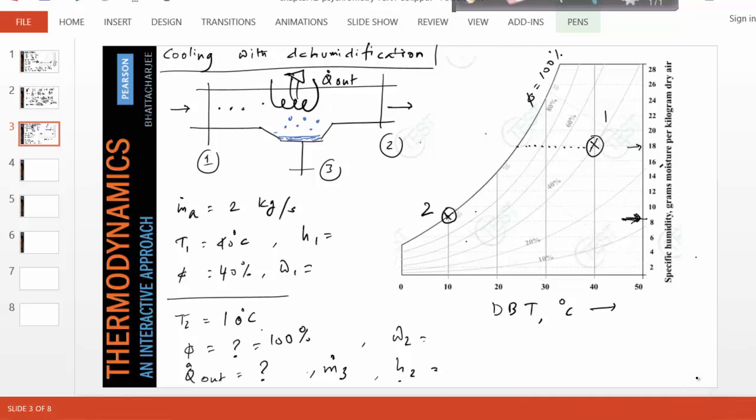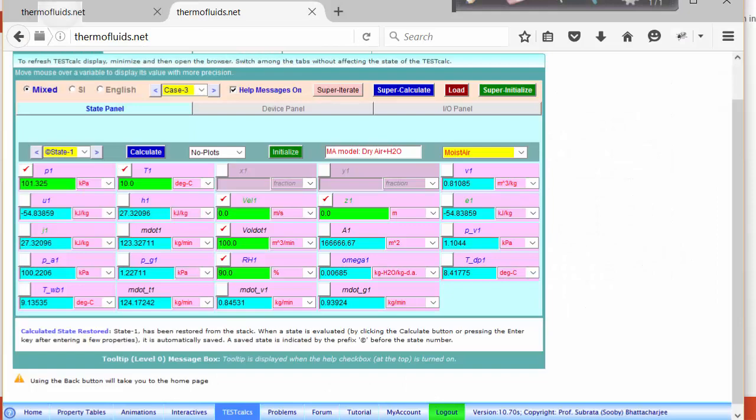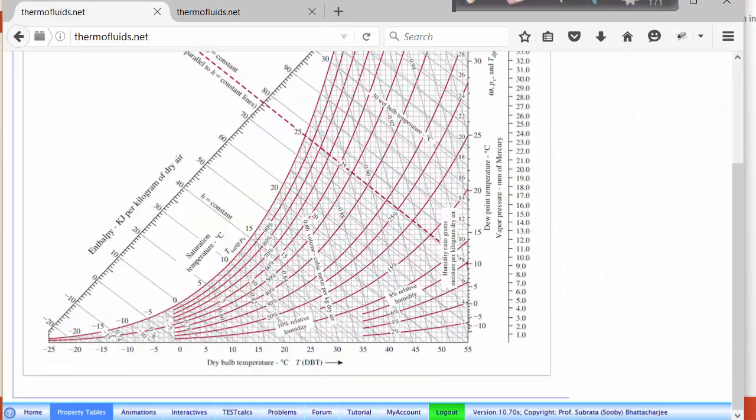Okay, so we go to the psychrometric chart, which is on this diagram, and spot our state 1, which is at 40 degrees Celsius, and we keep going up along the 40 degrees Celsius line to the relative humidity of 40%.